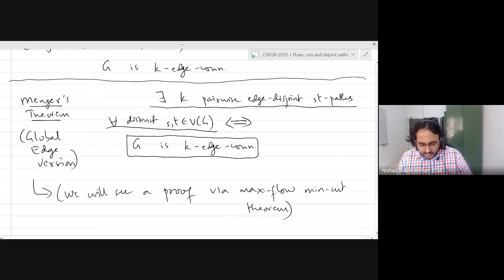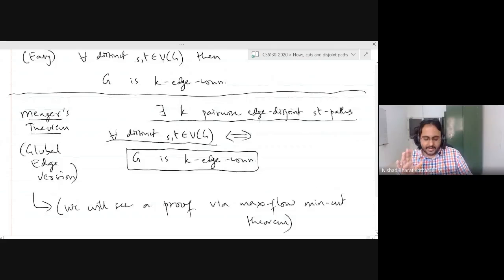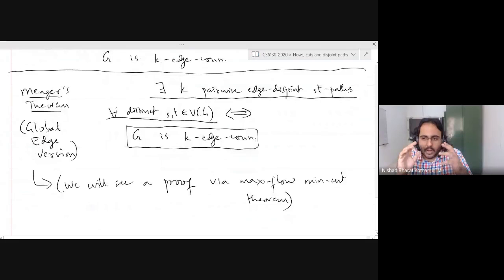But what I want to discuss right now is that this Menger's theorem gives you a succinct NP certificate for convincing someone that a graph is k-edge connected. Right? What you do is for every pair of vertices, n choose 2. Remember, this was not n choose k anymore.